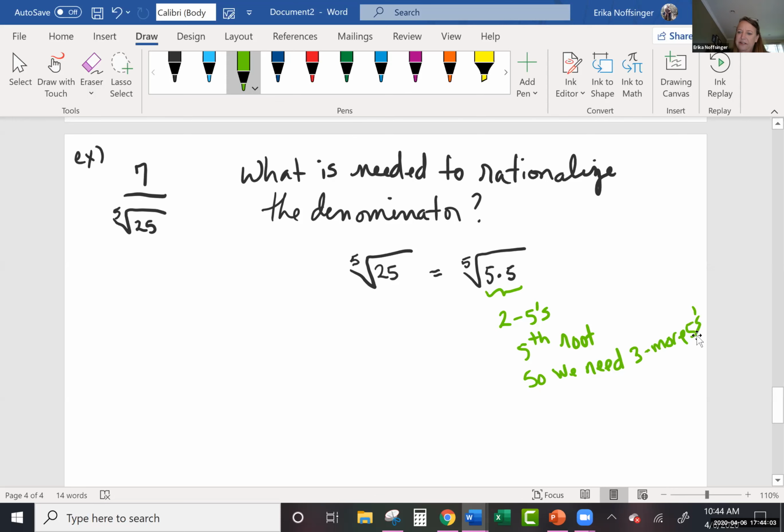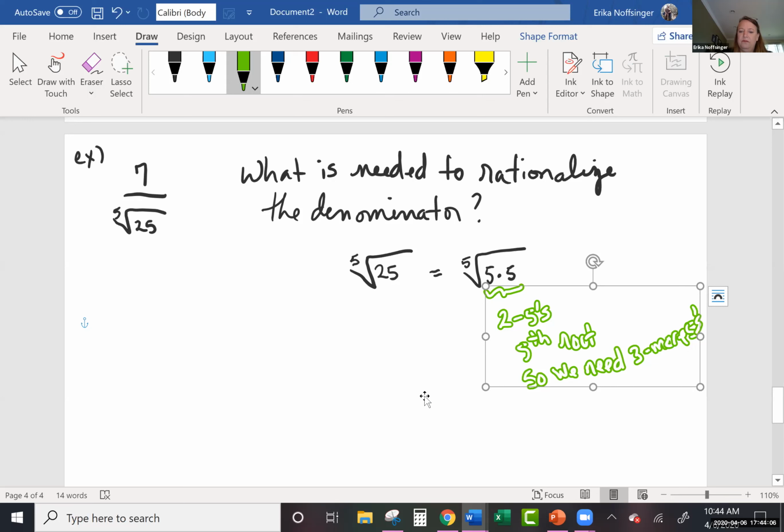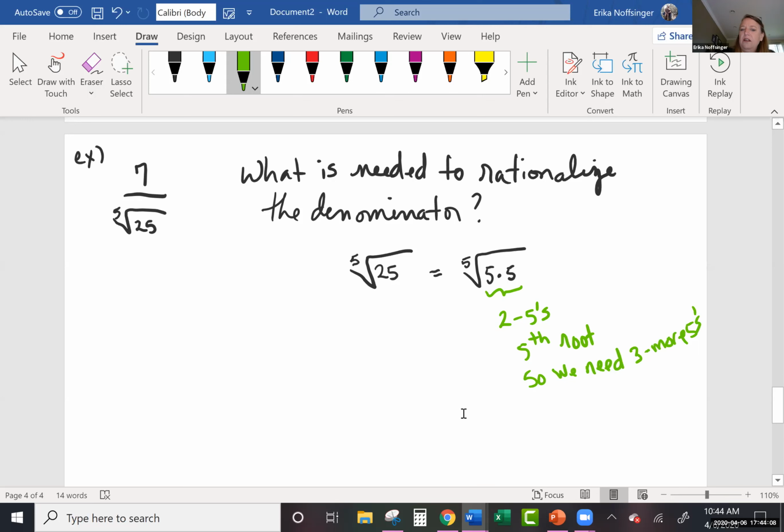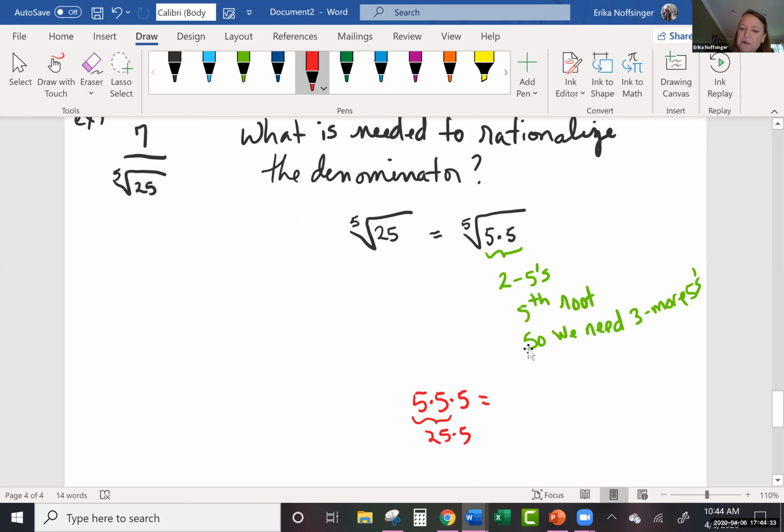Sorry, that doesn't look very well. Okay. So if I look at that, 3 more 5s. So 5 times 5 times 5. So that would be 25 times 5, which is equal to 125.